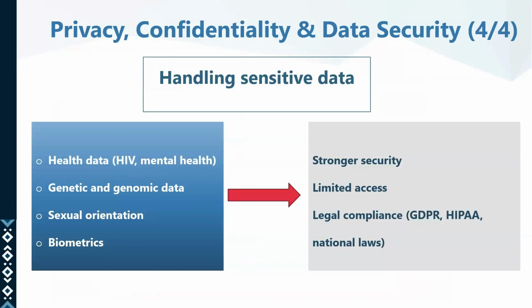Sensitive data include, as we saw earlier, health status, genetics and genomic data, sexual orientation, and biometrics. And when handling them, they require strong security, limited access, and also compliance with national and international laws.